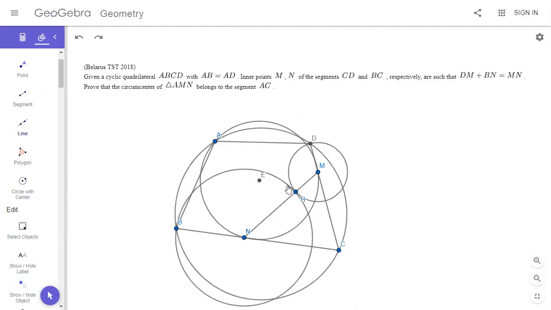I feel like it's just true. So what do we know about the excenter?